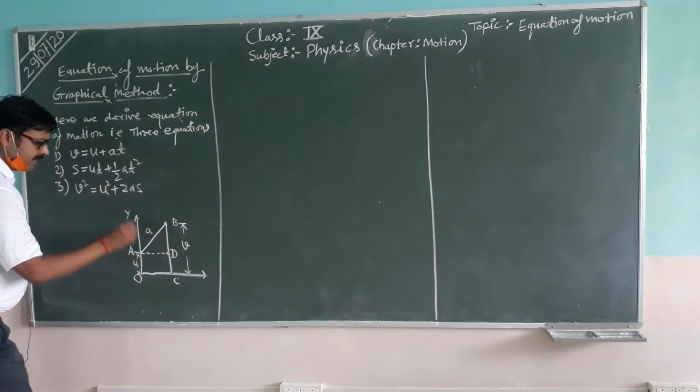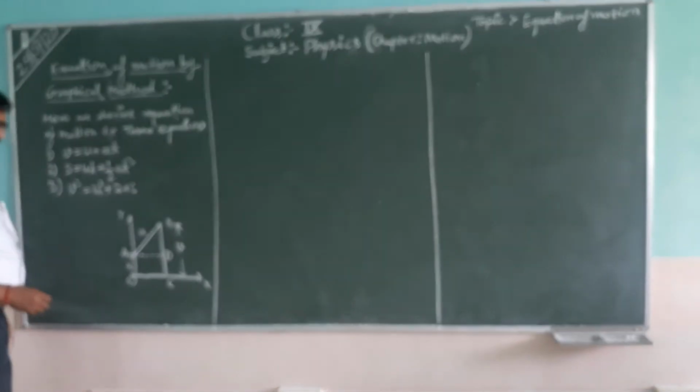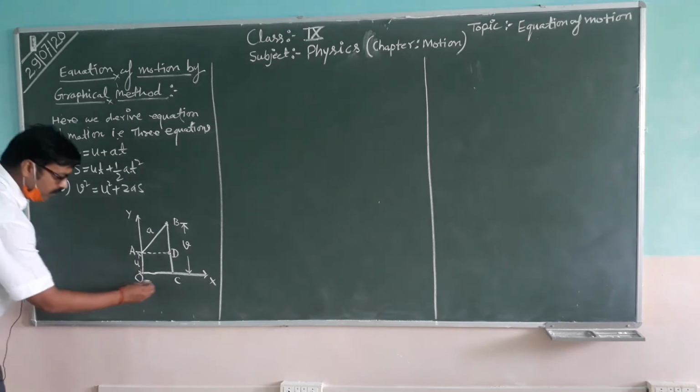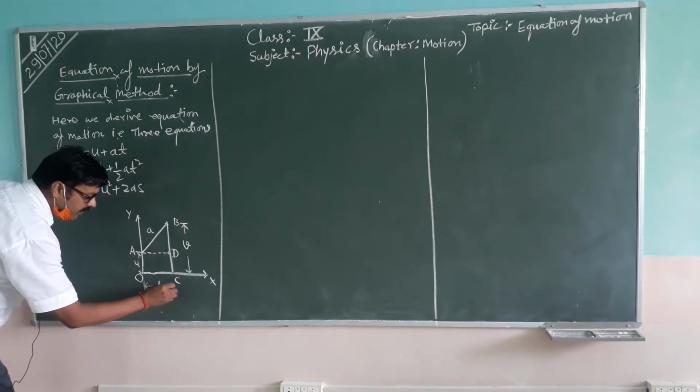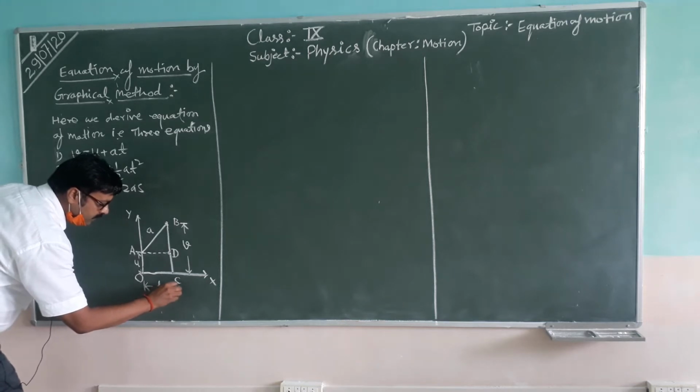This is the y-axis, this is the x-axis, that is time, and OC is represented by the time interval t.